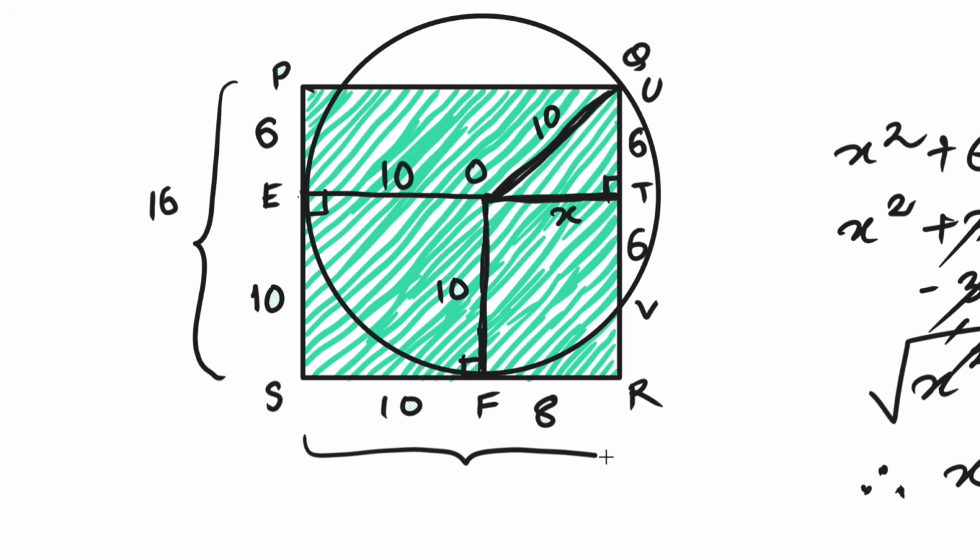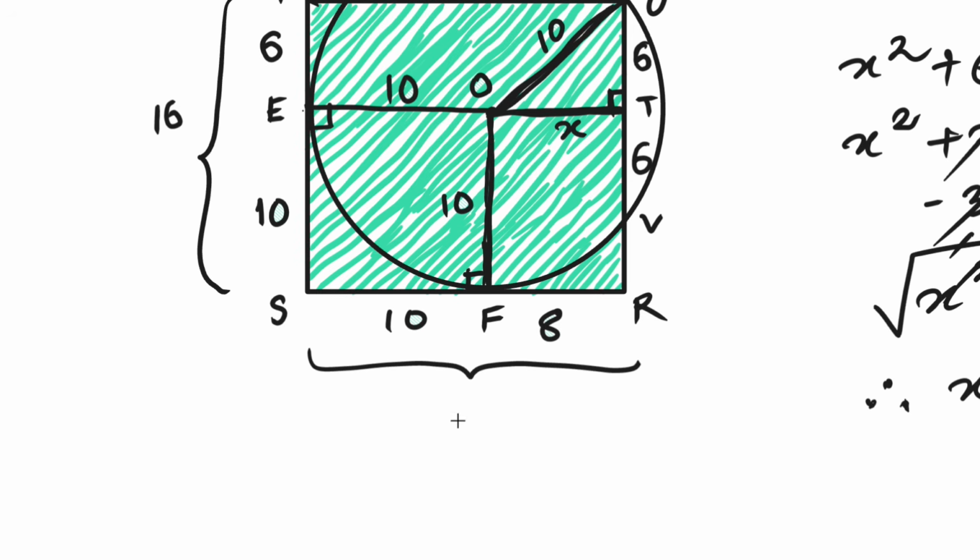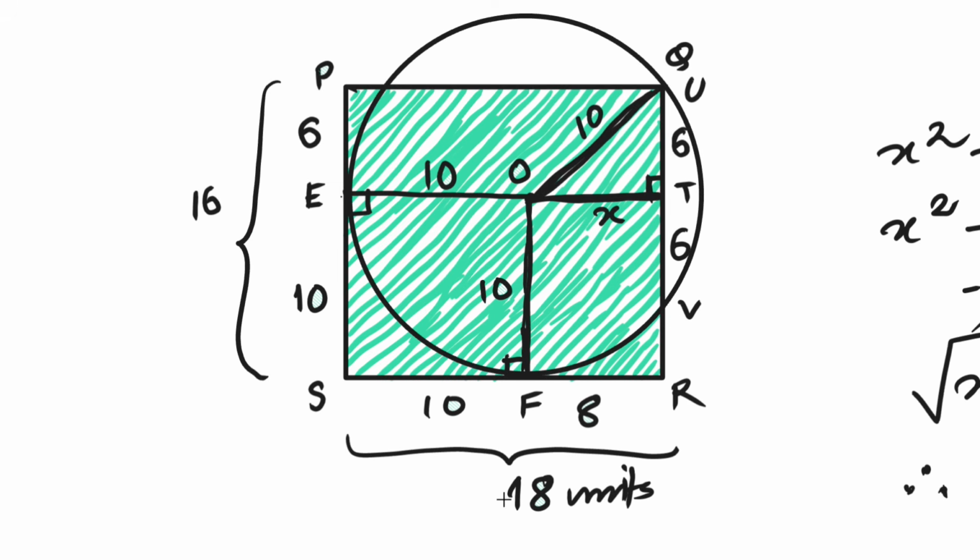Therefore, the entire bottom side, SR, is made up of the 10-unit distance from S to O plus the 8-unit distance from O to the right side. So SR equals 10 plus 8, which gives us 18 units. Therefore, the width of the rectangle is 18 units.